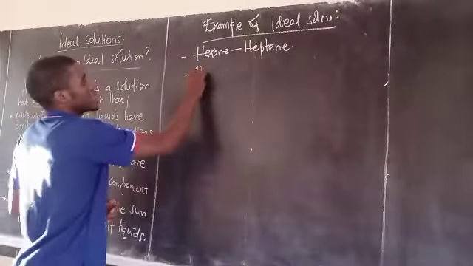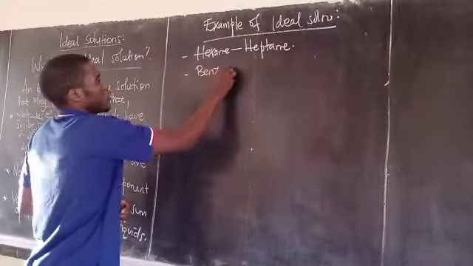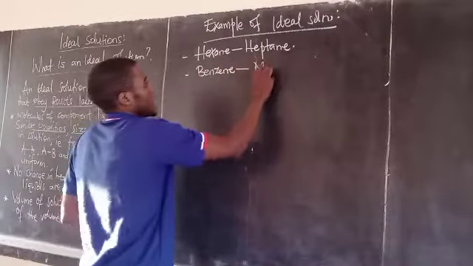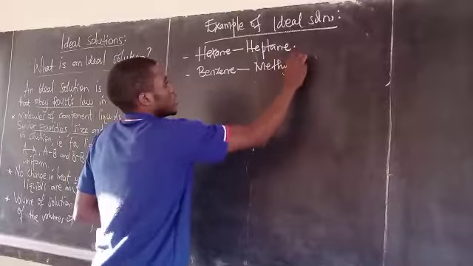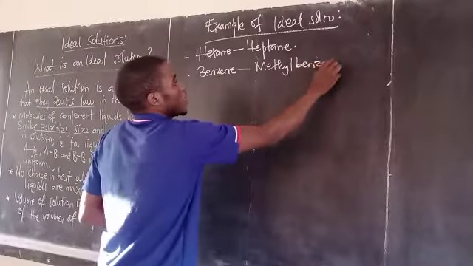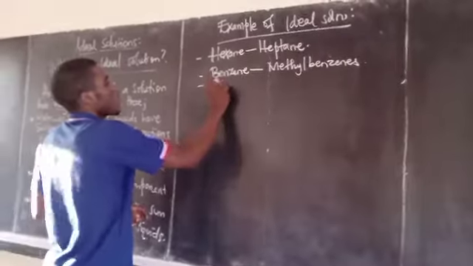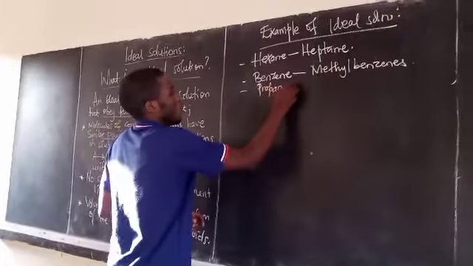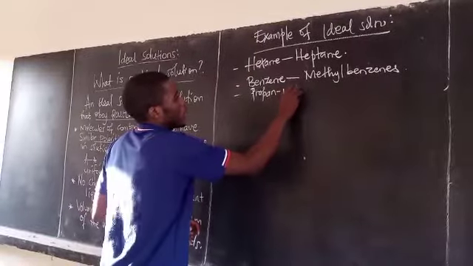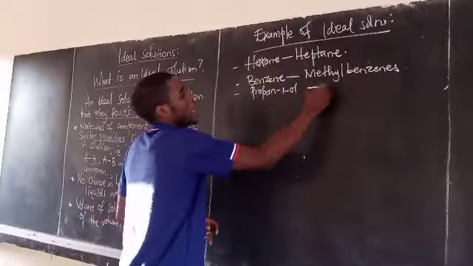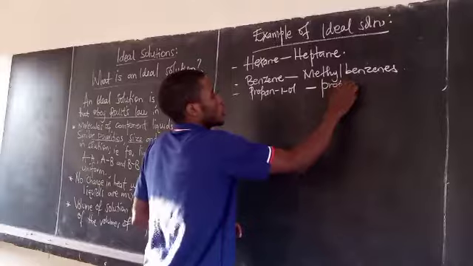We have benzene and methyl benzene. These are compounds which have almost the same characteristics. We have propan-1-ol and propan-2-ol.